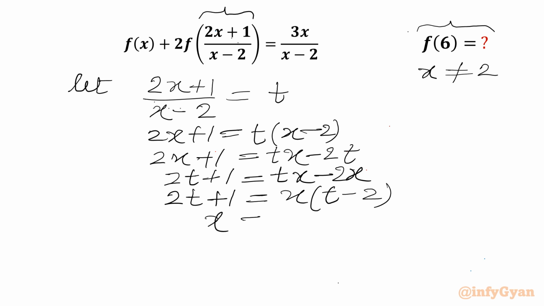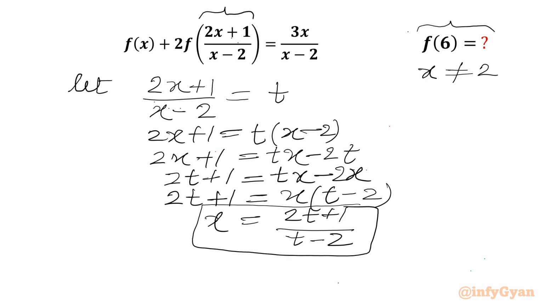So finally x is equal to (2t plus 1) over (t minus 2). Let us say this is our equation 1.